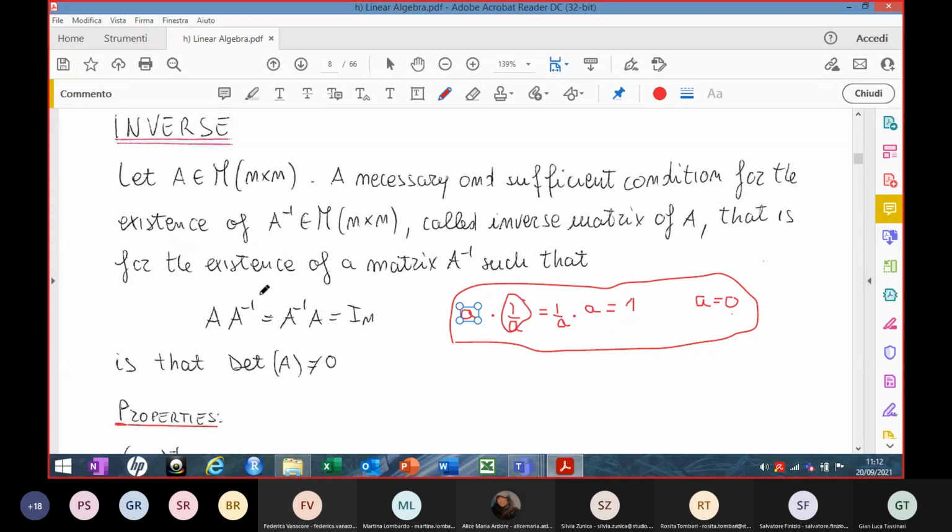These are the corresponding properties. However, a reciprocal exists if and only if A is different from 0. Remember that 1 over A can also be written, if you like it more, as A to the minus 1, so it's more similar written in this way. But the reciprocal exists if and only if A is different from 0. The inverse of a matrix exists if and only if the determinant is different from 0.